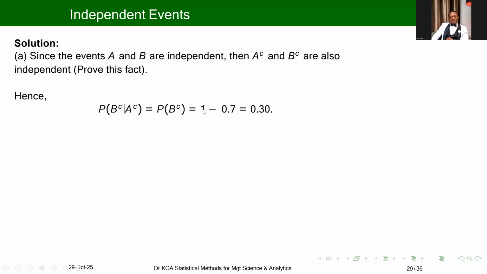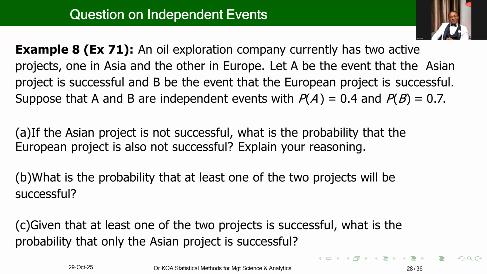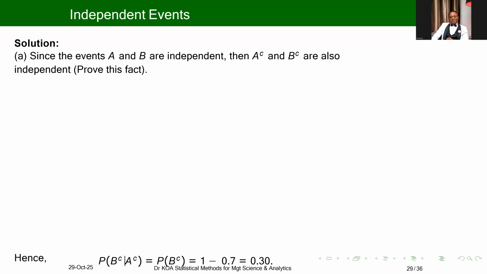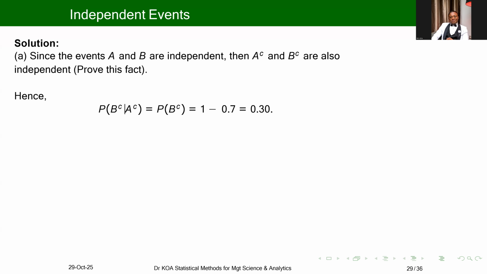Therefore, 1 minus the probability of B complement is going to be 30%, which gives you back what you had. So the question of the probability that the European project is not successful is just calculating the probability of B complement, which is 1 minus 0.7.